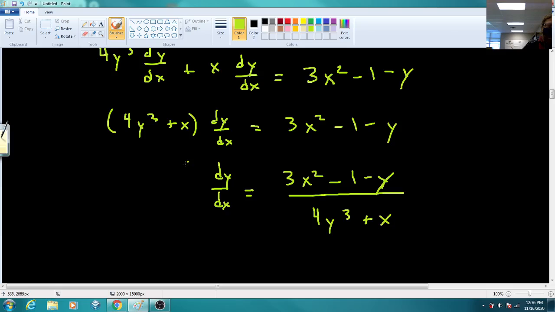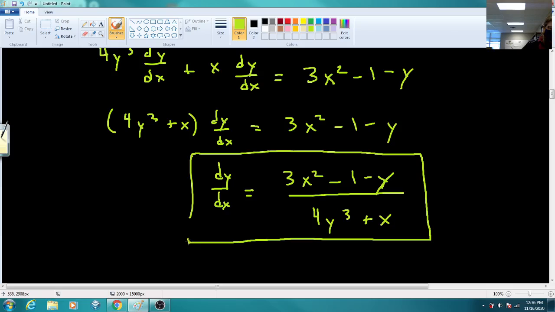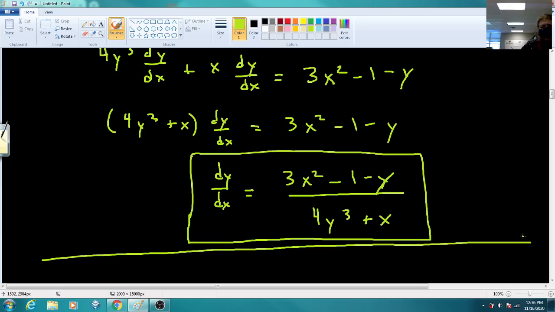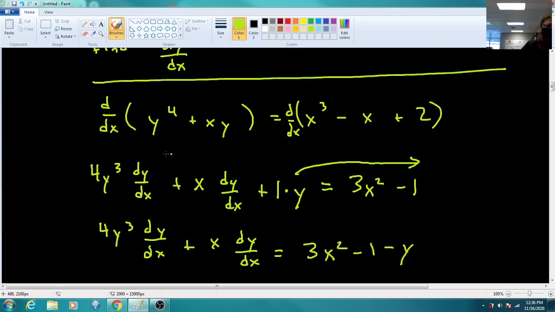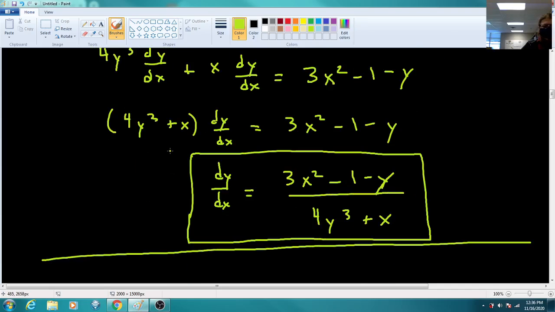Again, it's a little weird because our answer depends on both x's and y's, but once you get used to it, it's not too bad. Just remember that when you take d dx of y to powers, like y to the fourth, the chain rule applies, so it kicks out a dy dx. People forget that, and that's usually where these problems go wrong.